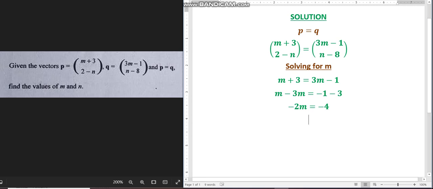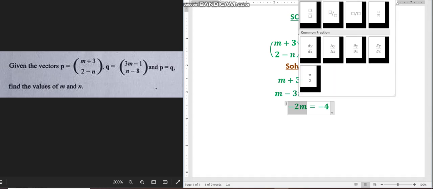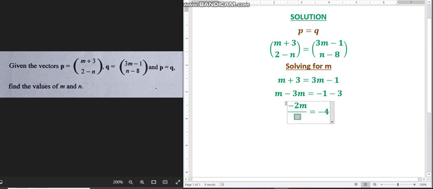At this juncture, what we have to do is divide both sides by the coefficient of m in order to get the variable m. So we divide the left hand side by -2, and then we divide the right hand side as well by -2.